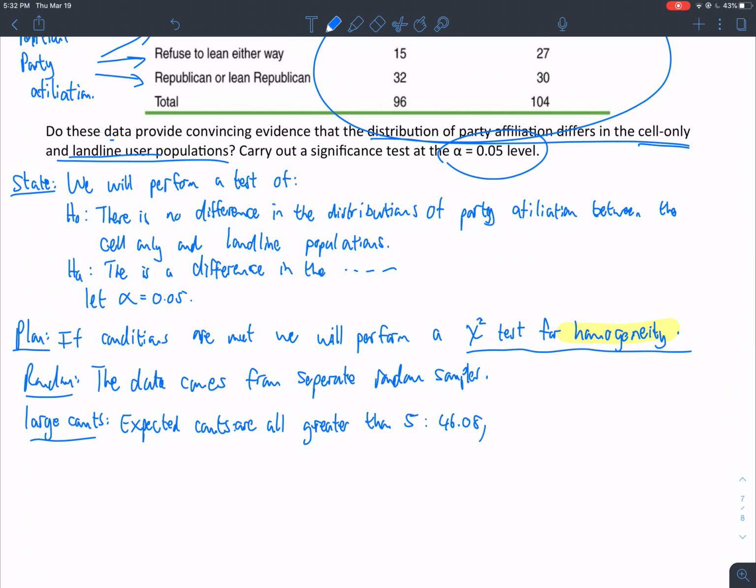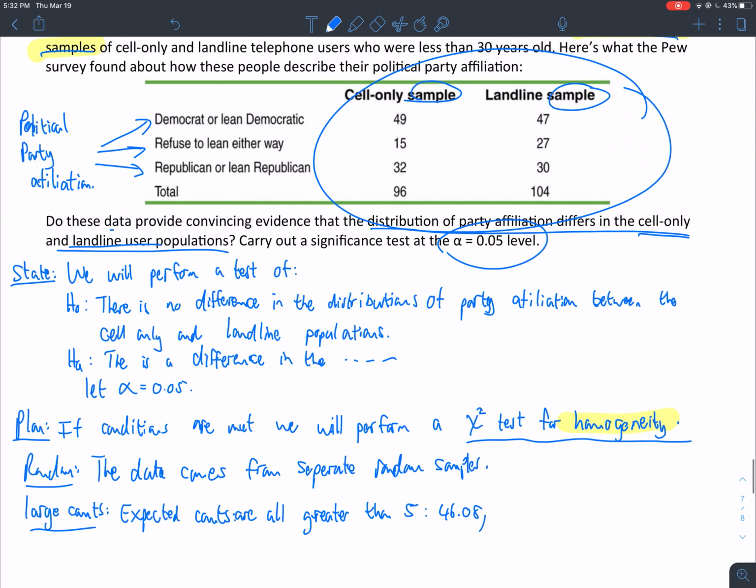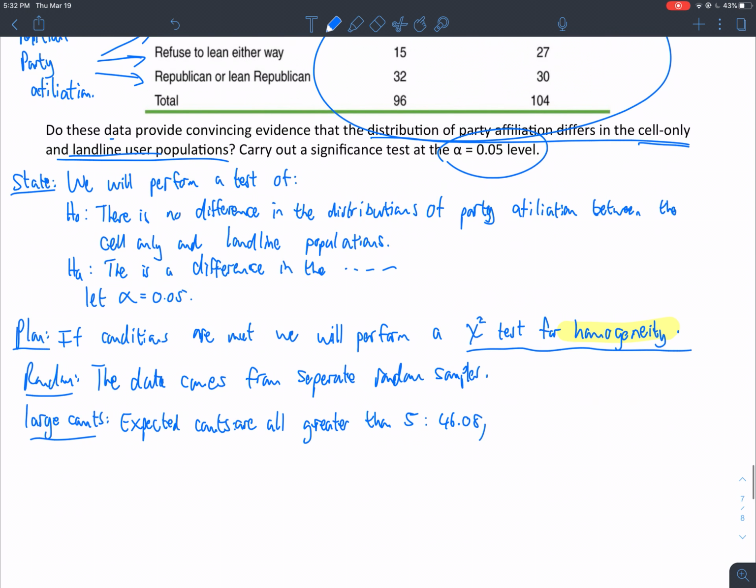And when you do that, you get 46.08. And again, here you're going to have 6 expected counts: 49.92, 20.16, 21.84, 29.76, and 32.24.